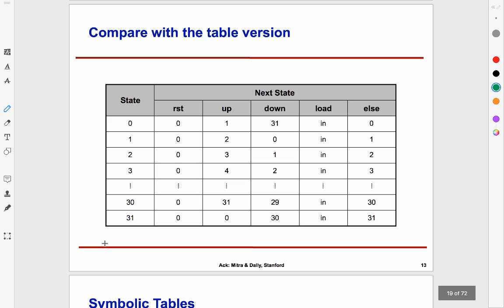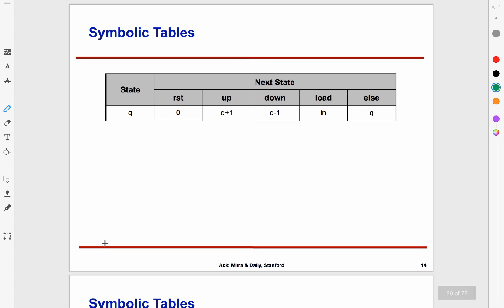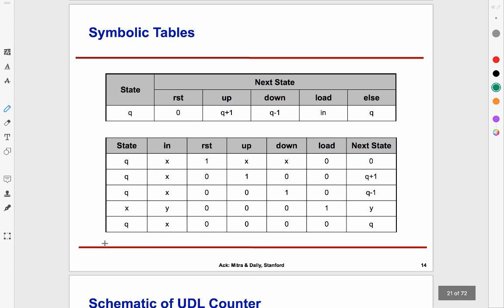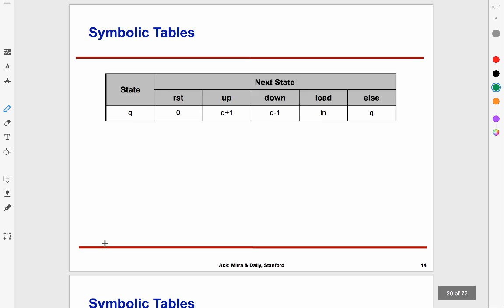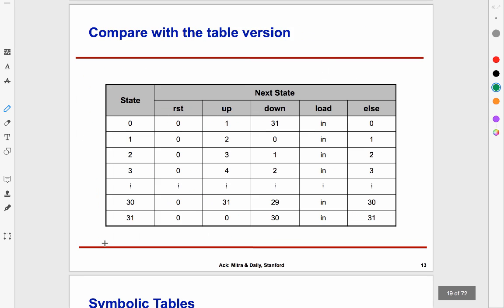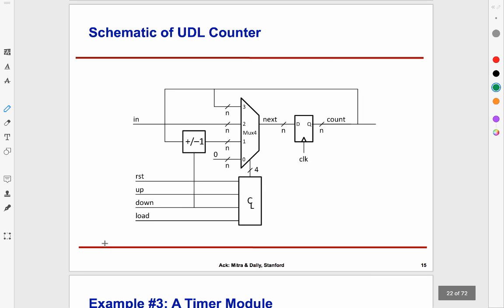I can create a table version, but the table version is far more complicated. I can create a symbolic table where I do it in terms of what is happening to the states, somewhat better still, but I can literally go from this program to this circuit by just staring at the program and then mapping, following some pattern.